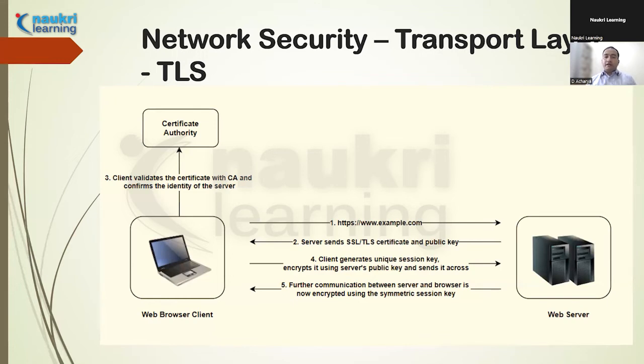The web server decrypts the session key using its own private key. In step five, further communication between the web server and the client happens over the internet, but the connection is encrypted using the symmetric session key.